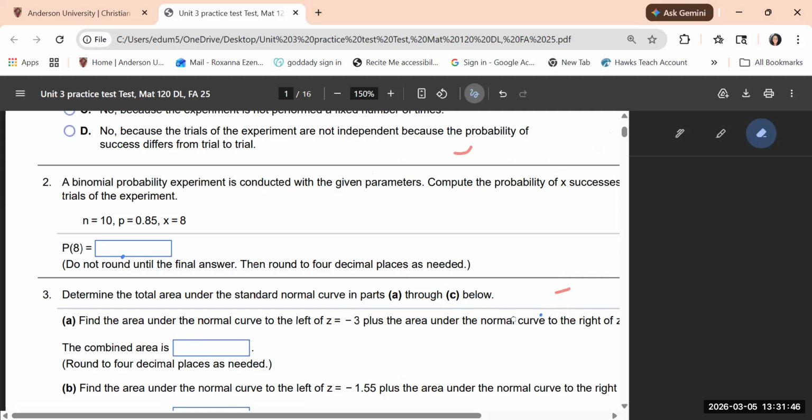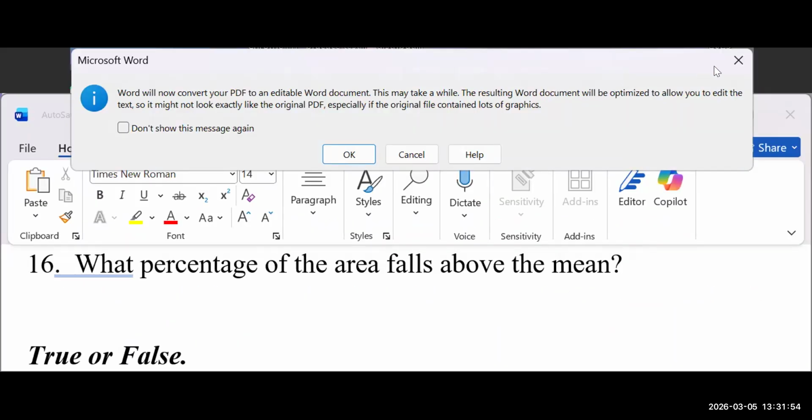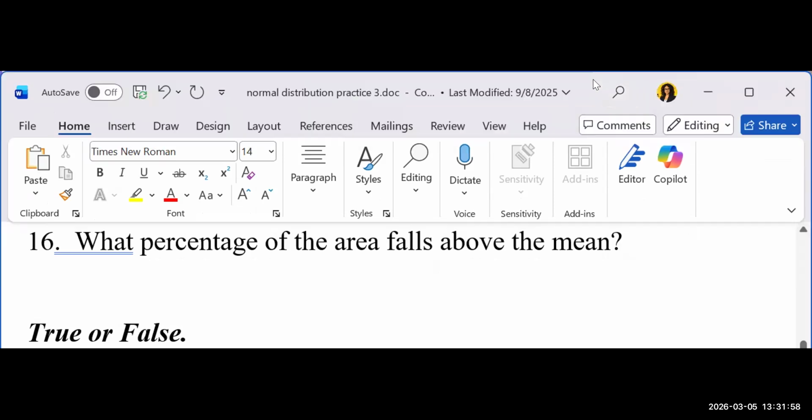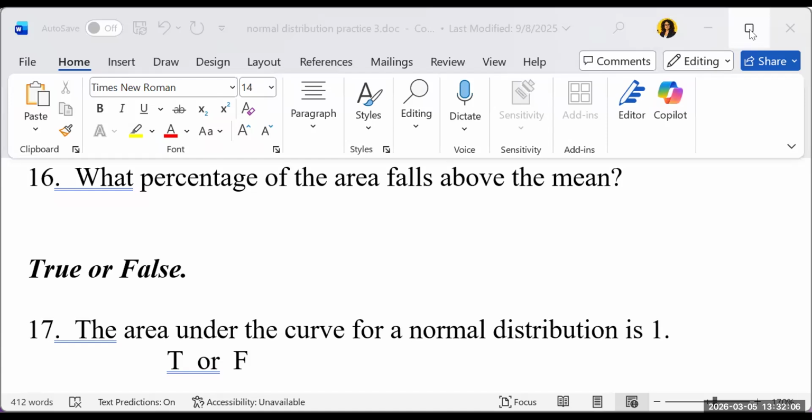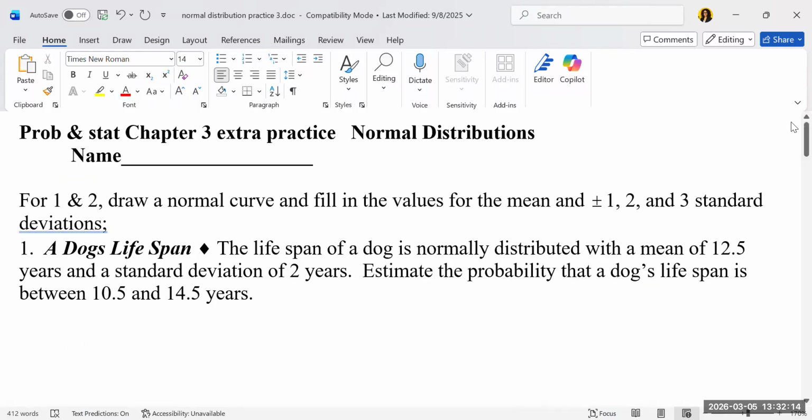I am going to pull up a normal distribution question that I have here to try to answer the questions. Let's start from number one.